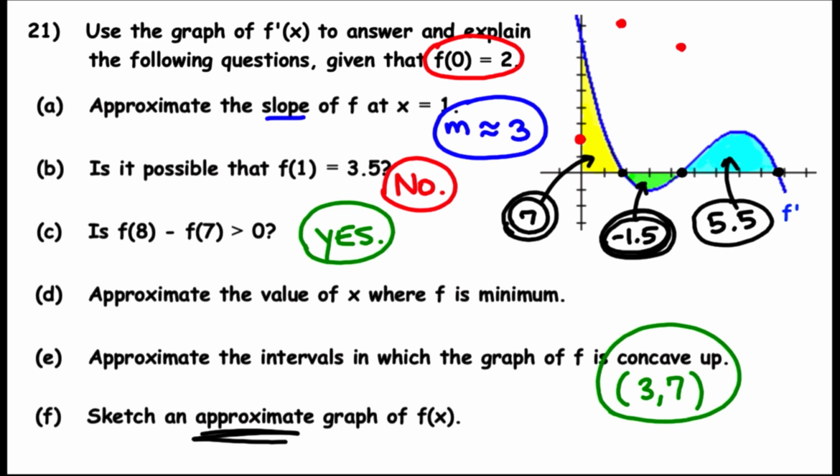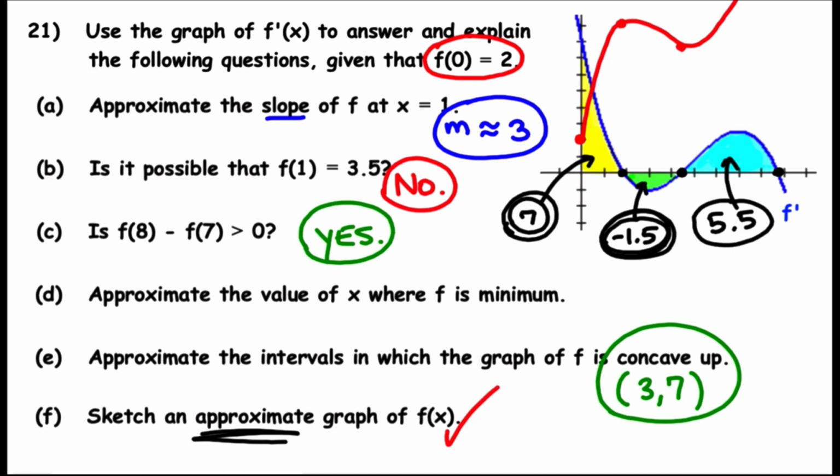So I am at 7.5 right now. If I add 5.5, man, that's going to put me at 13, which is unfortunately off the page. So I'll just have to fake it. All right, let me connect the dots. Okay, up to 13. So that's a great approximate graph.